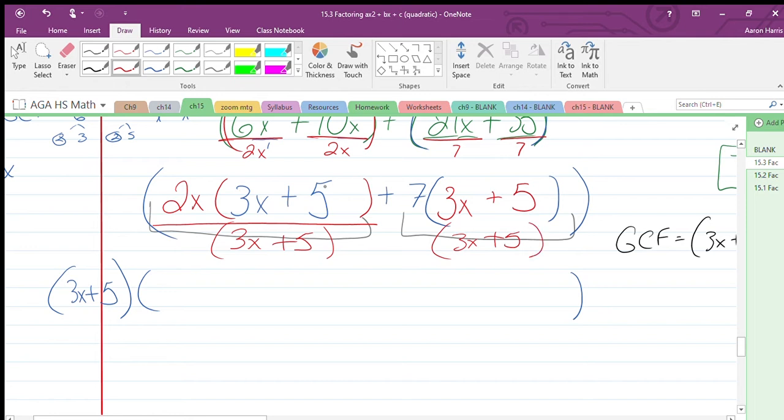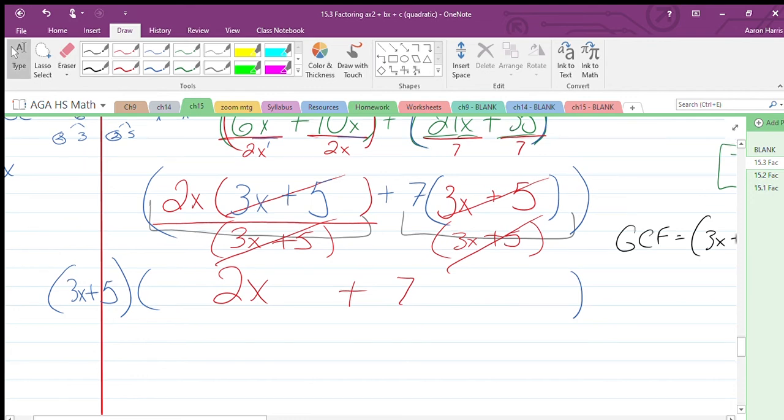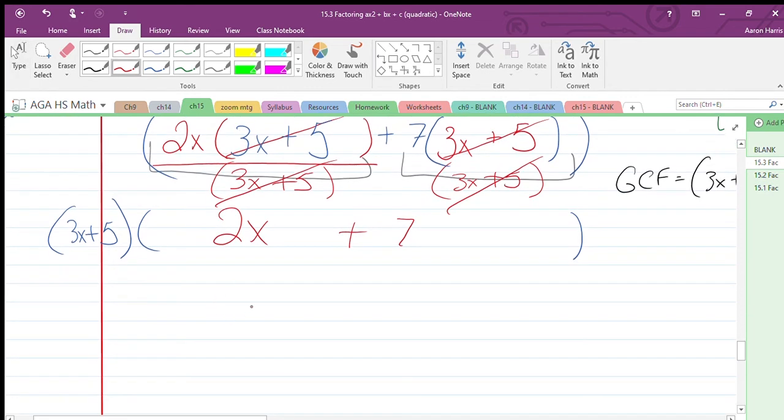Okay. So 3x plus 5 divided by 3x plus 5 is just 1. What's left? 2x. 3x plus 5 divided by 3x plus 5 is just 1. What's left? Plus 7. So I can rewrite this as what? 2x plus 7 here.